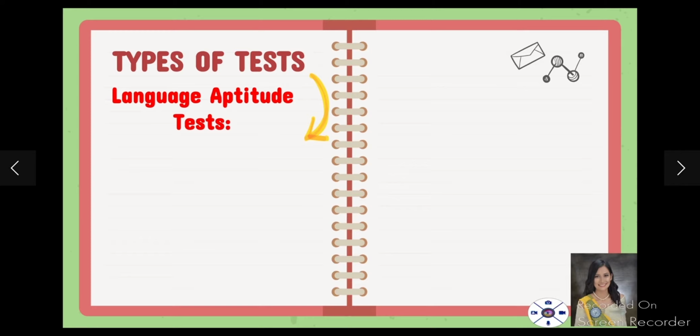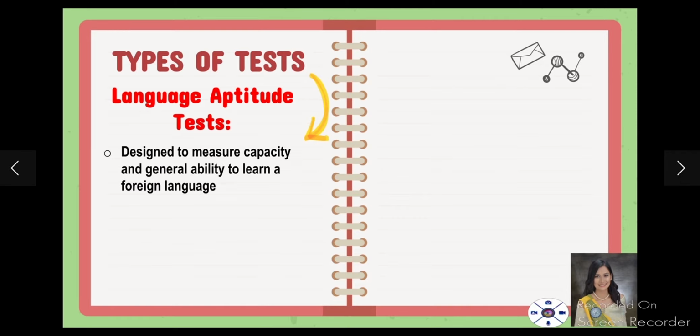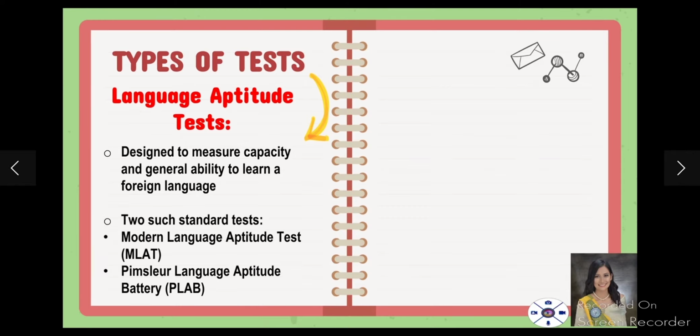What is a language aptitude test? This is designed to measure capacity and general ability to learn a foreign language. In this kind of test, there are 2 standard tests, the MLAT and the PLAB.